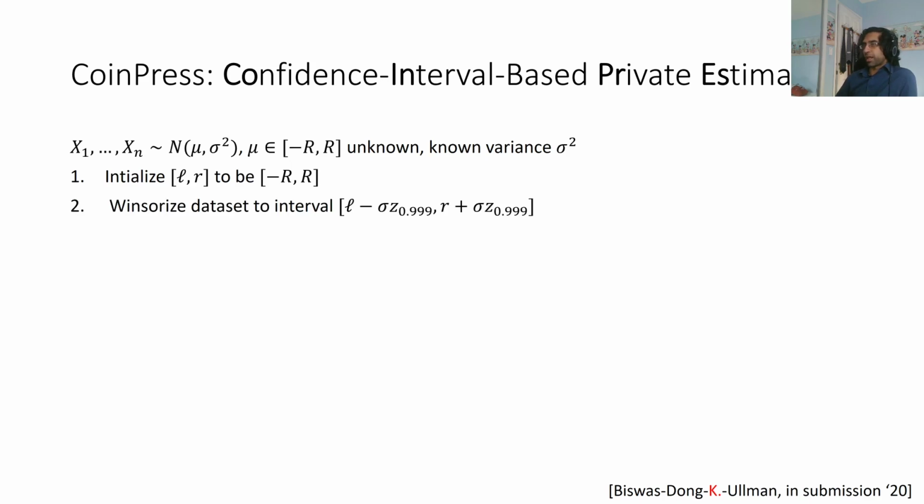The first step in the algorithm is the second step. The first step was really just an initialization. But anyway, this step is to, like I said, Winsorize the data set to some appropriate interval. So let's unpack what this Winsorization is, what this interval is.